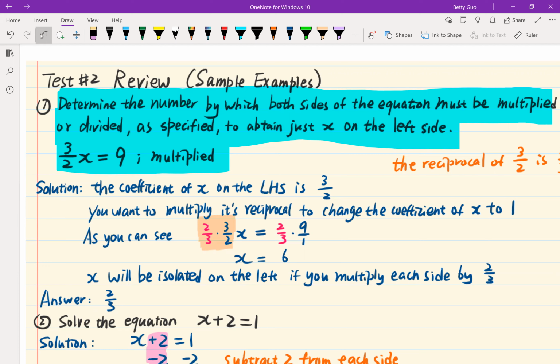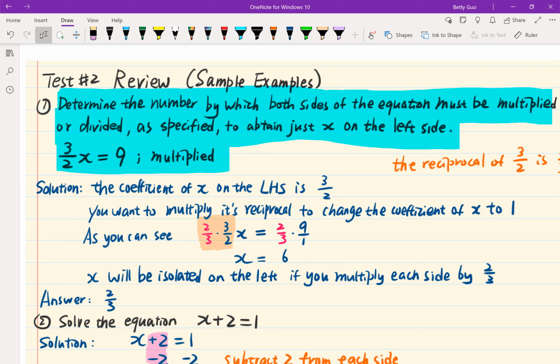You are looking for a number. You are going to multiply both sides of the equation by the number. To do what? To isolate the x on the left. Since the coefficient of x is a fraction 3/2, you are going to multiply by the reciprocal of the number, which is 2/3, then you can isolate x.